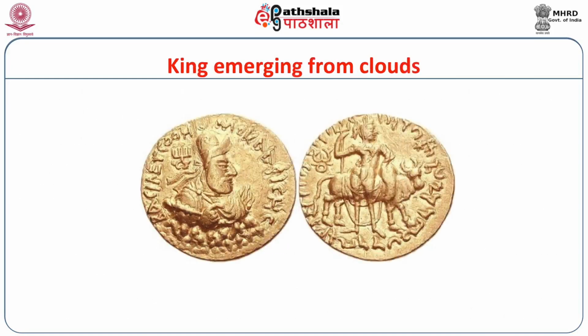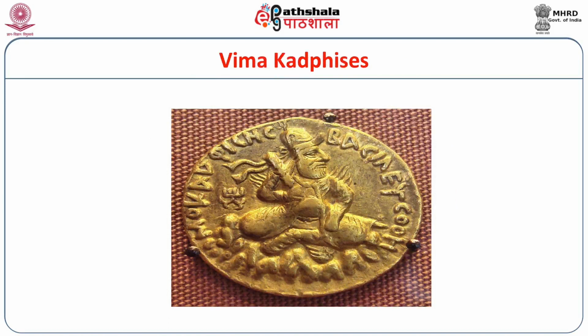Here you can see the king emerging from clouds. The king is sitting and the bust of the king is there, and on the reverse you have the representation of Oesho Shiva. So again Vima Kadphises, and look at the posture of the king. He is sitting in a very nomadic posture.